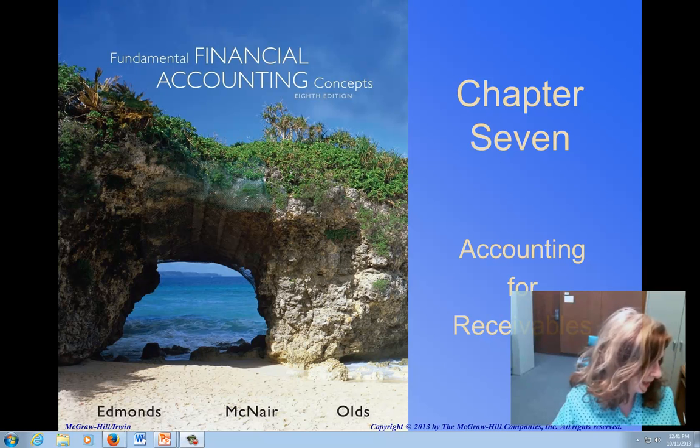So we've got 265, 585, 1310, 750, and 850, for a total of $3,760 that we need in our allowance for doubtful accounts. So whatever we have right now in our doubtful accounts, we have to increase it up to a credit balance of $3,760.